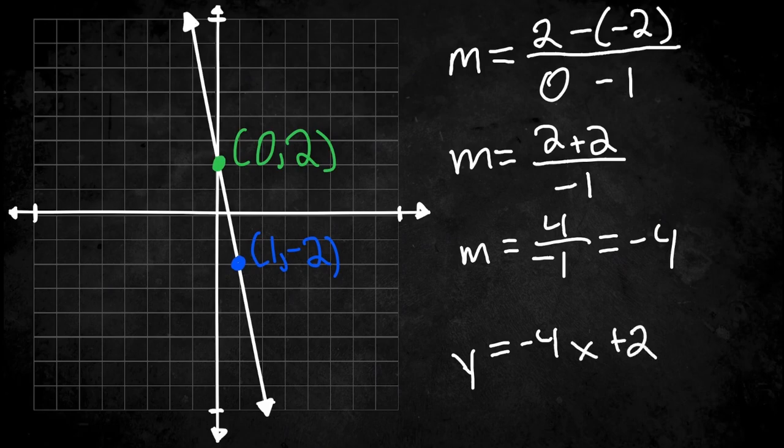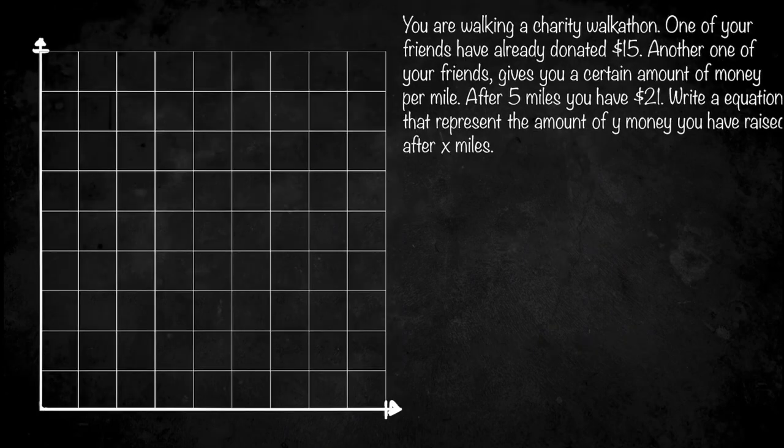Now that we've solved this problem, let's go back to the word problem. So we're back at the word problem, and before we actually solve it, let's graph the line, so we get a visual representation of how it looks. For the x-axis, I'm just going to go by 1: 1, 2, 3, 4, 5, 6, 7, 8, 9.